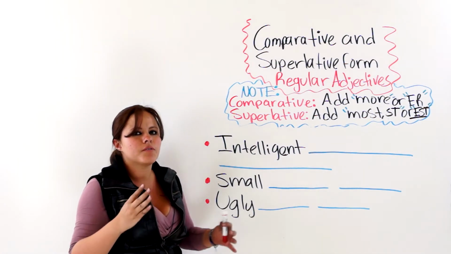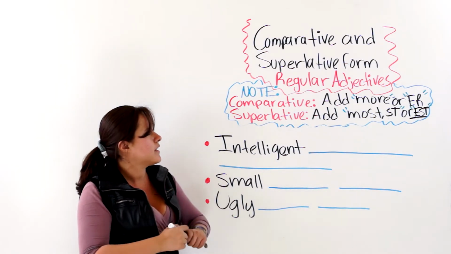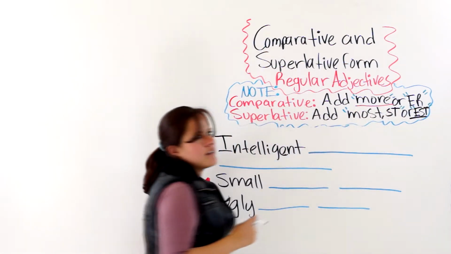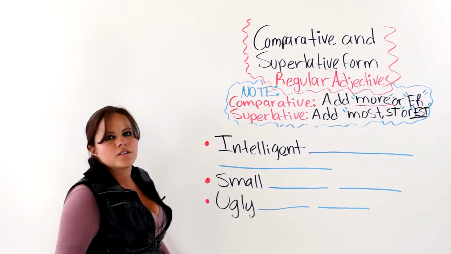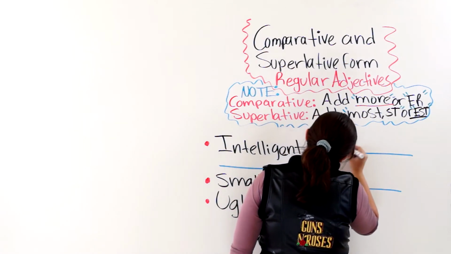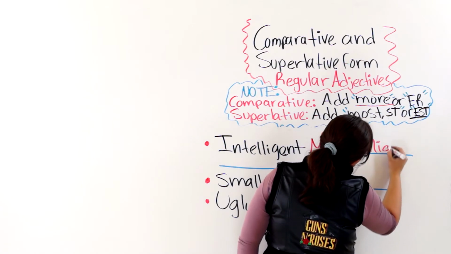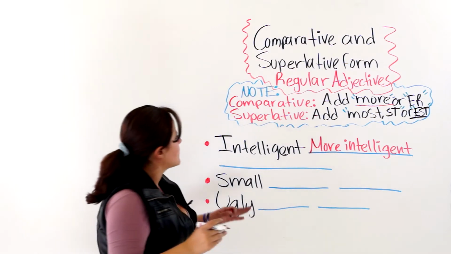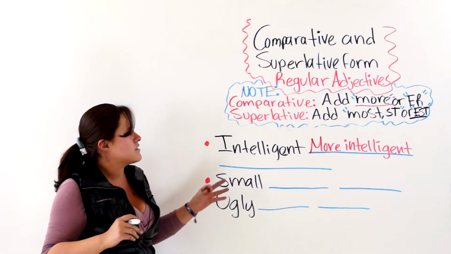So you know that whenever an adjective has more than 2 syllables, you must add more before the adjective. For example, more intelligent. Now we want the superlative form of intelligent. Do you think it is intelligentest?